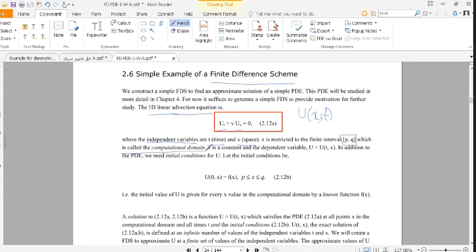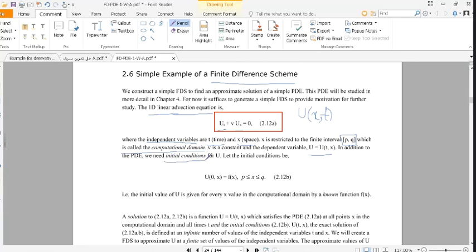The exact solution of this PDE is a function u equal to u of t and x. For this equation, we need the initial condition. What is the initial condition?